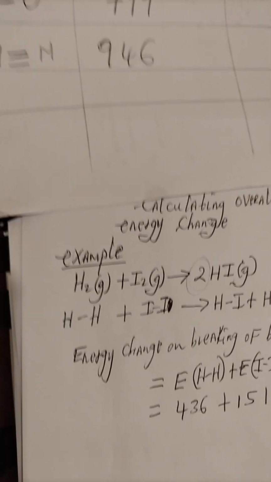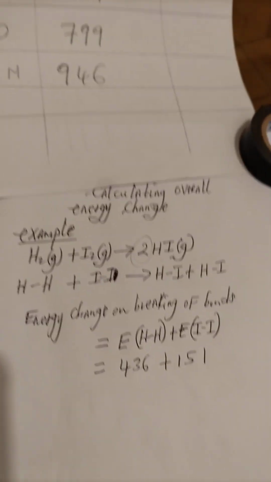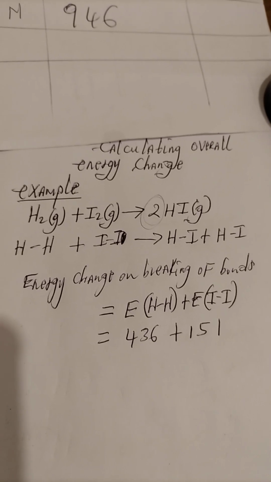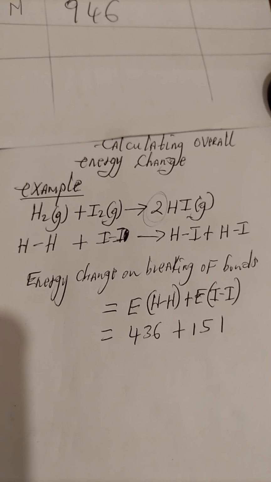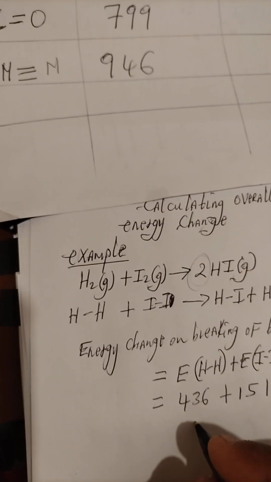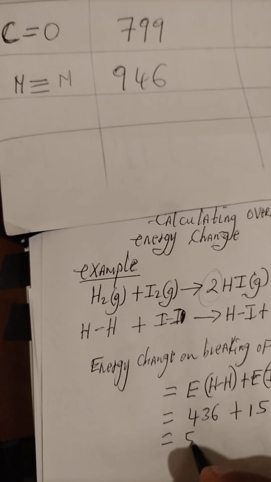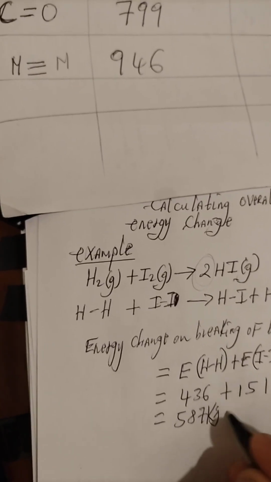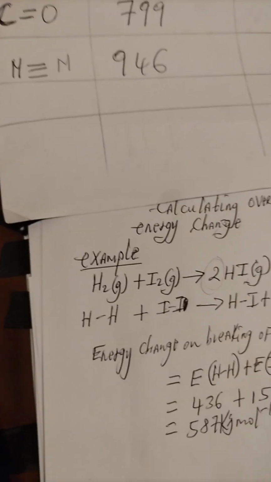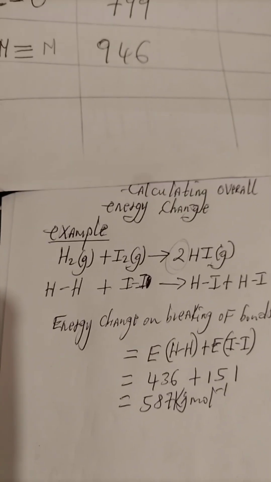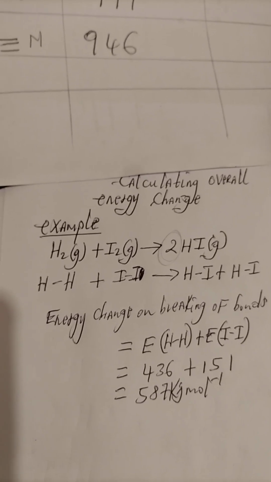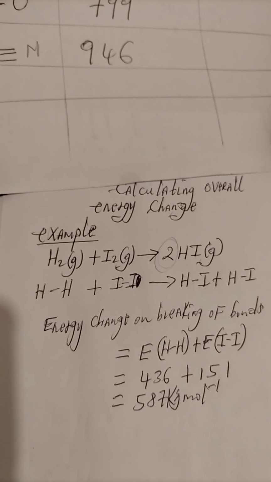So we add: 436 plus 151, and we get 587 kilojoule per mole. That's the energy required to break old bonds.